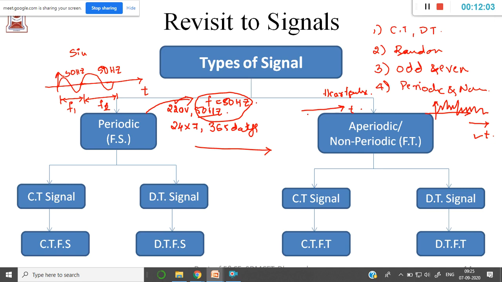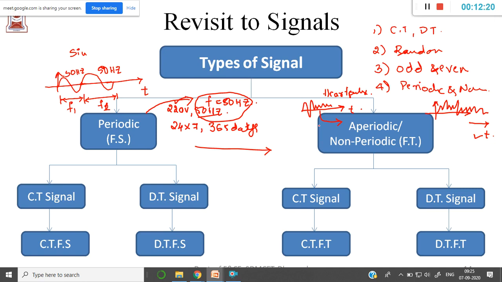So as the time changes, the frequency of the signal is never constant, and such a signal we call an aperiodic signal. Similarly, now I'm speaking to you guys.